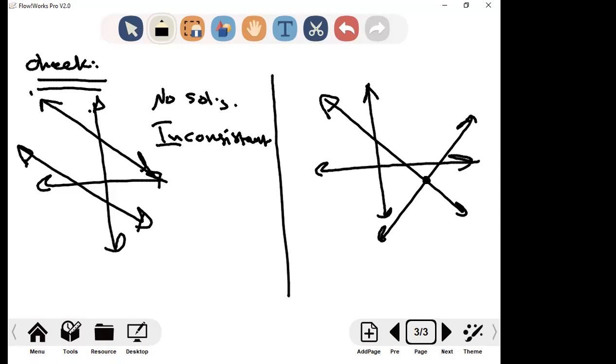So it is consistent because it has a solution, and independent because it has exactly one solution. Consistent and independent at the same time. Do you understand? Okay, guys?